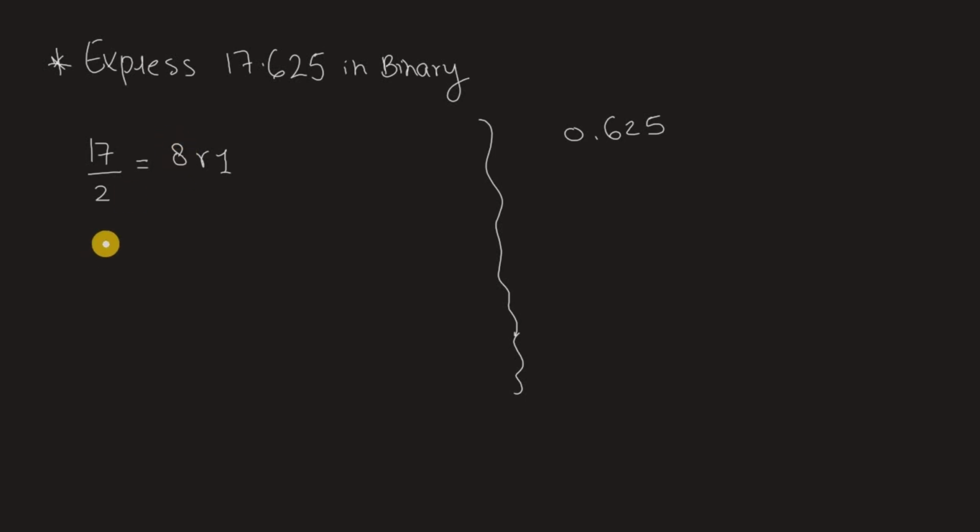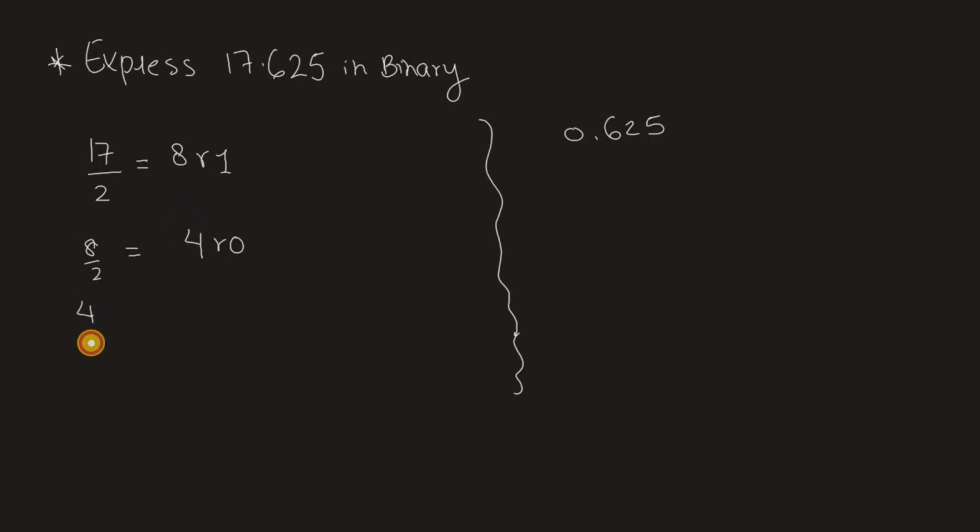Whatever number you get over here, you're going to divide it again by 2. So 8 divided by 2 divides the whole thing, so you have 4 remainder 0. You're going to continue this whole process until you get a 0 over here. As soon as you get a 0, you stop.